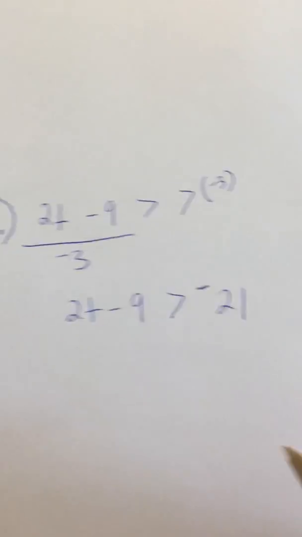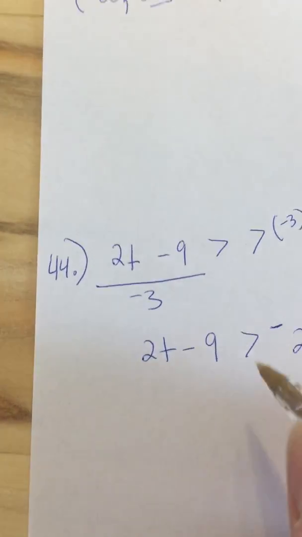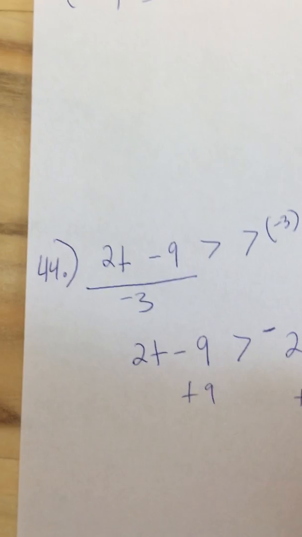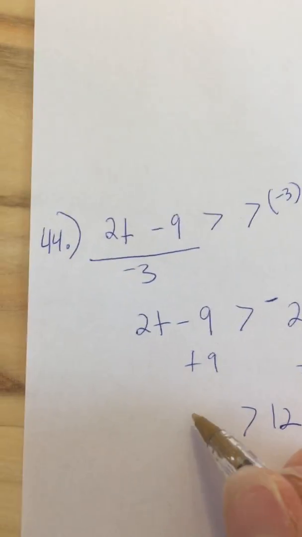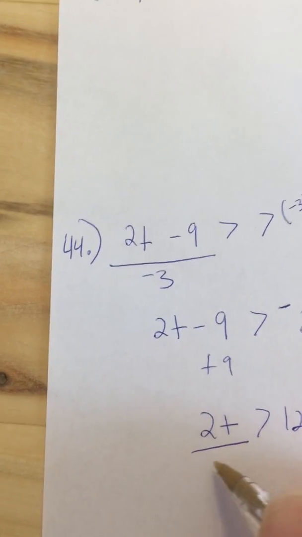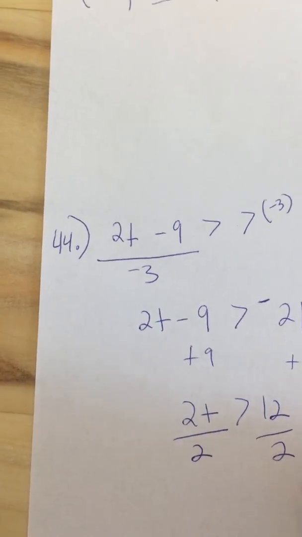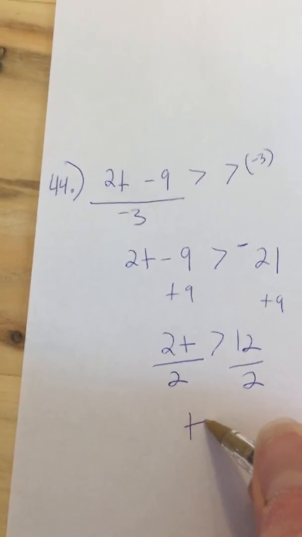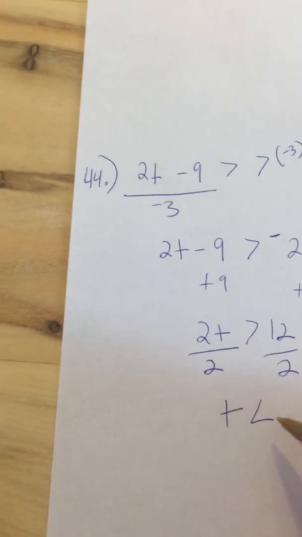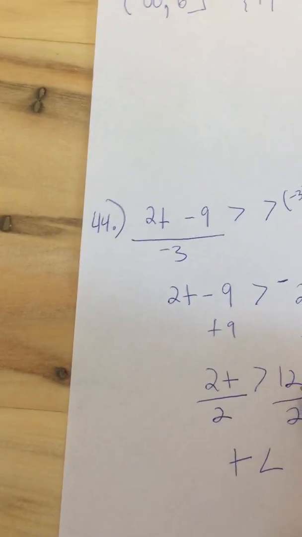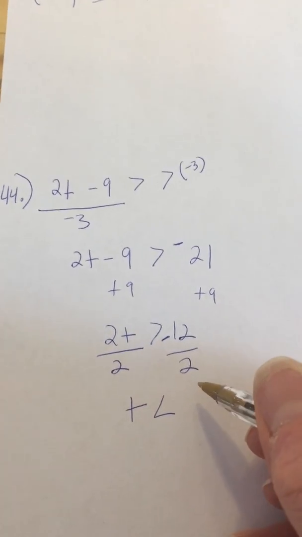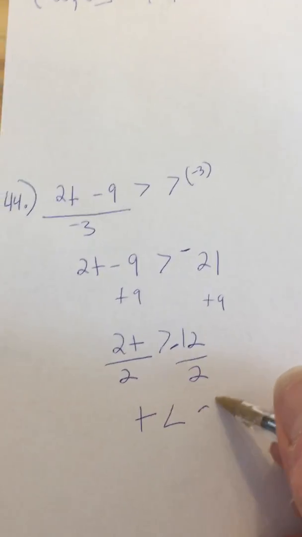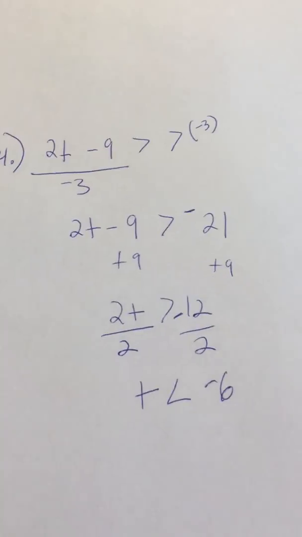And then I have positive 9, positive 9. That's going to leave me with 12 on this side and 2t over here. I'm going to divide and divide. So now I'm going to have t, but I'm going to flip my sign because I divided by a negative. Now I have negative 12 divided by 2, which is negative 6. So you see that t is less than or equal to negative 6.